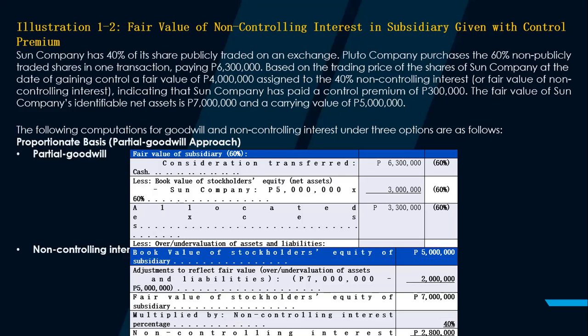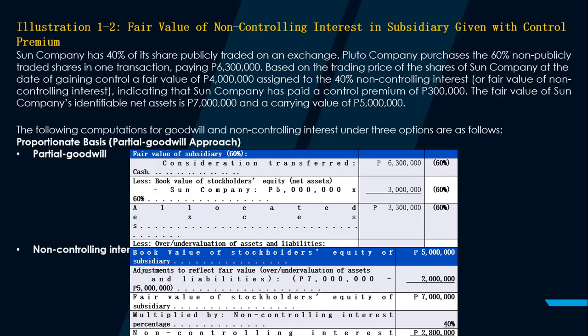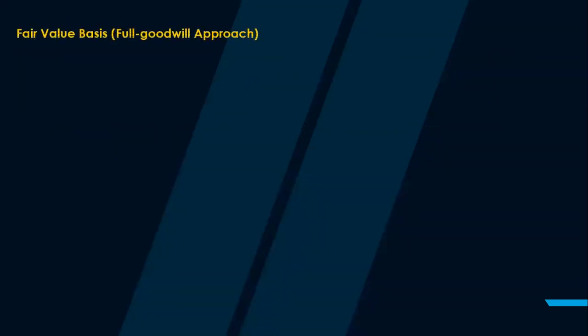So we have a difference of 2.1 million. Now, for the overvaluation of assets and liabilities. So, book value of stockholders' equity, 5 million. Adjustments amounting to 2 million. Fair value of stockholders' equity, total of 7 million. Then you multiply it by 40%, 2.8 million for the non-controlling interest.